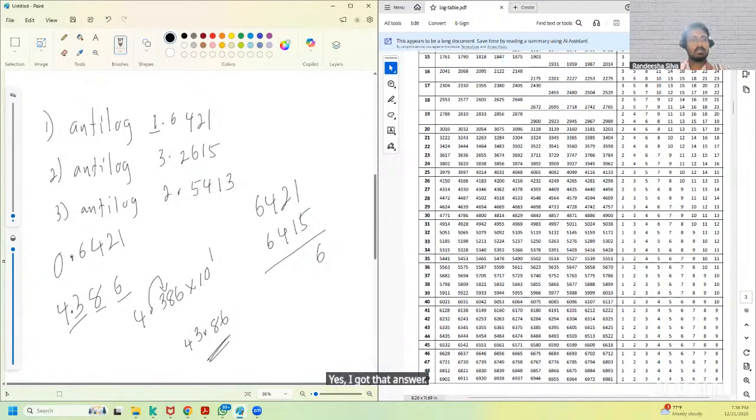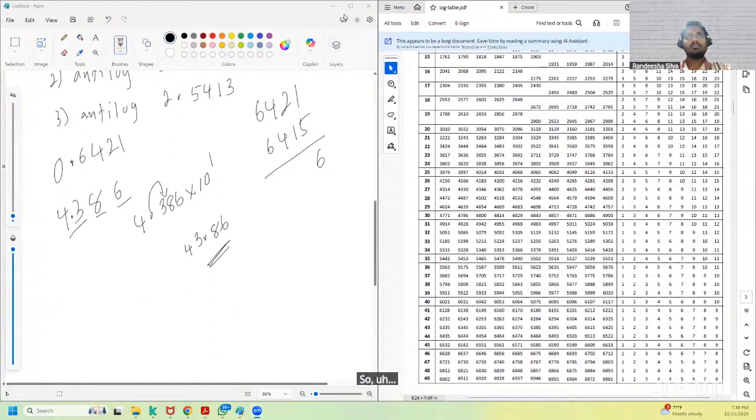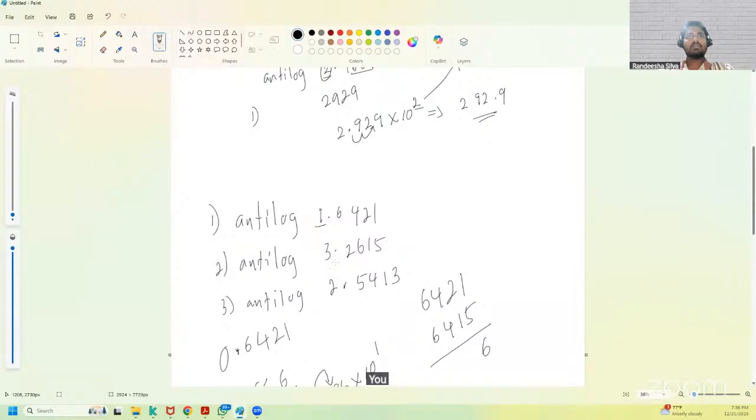Super. What about this now? Also got it? Okay. So you can work on these two as well at home.